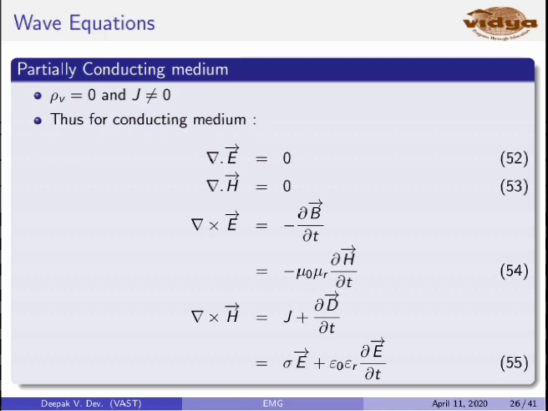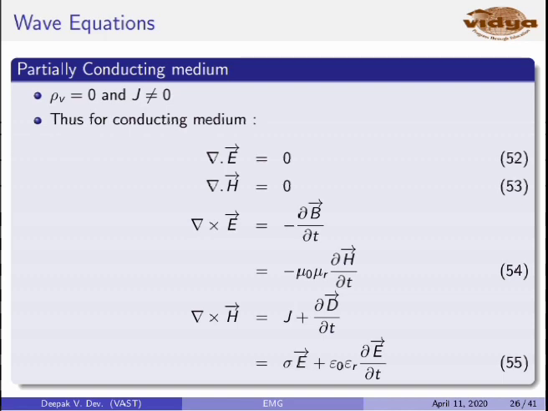We will apply this condition to Maxwell's equations, and we will obtain four equations as shown here. The first equation comes from Gauss law for the electric field. We know that del dot D is equal to rho V. Here rho V is equal to 0, so del dot D becomes 0.